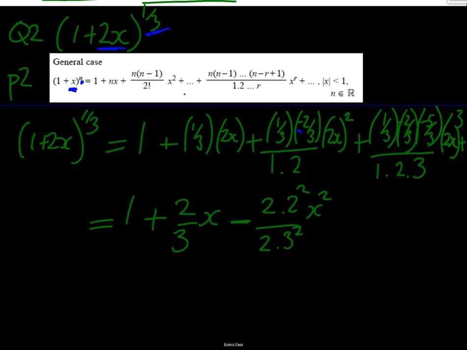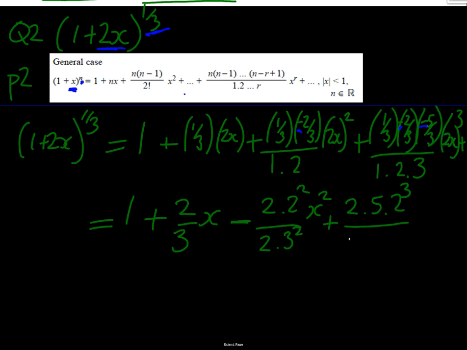And now we need to look at our fourth term. So we look at our sign. Well, I've got a minus sign in the minus 2/3 and a minus sign in the minus 5/3. So that minus times a minus is a positive. So there we have our sign is positive. On the numerator, we have a 2 times 5 outside the bracket, and inside the bracket, we've got 2 to the power 3.